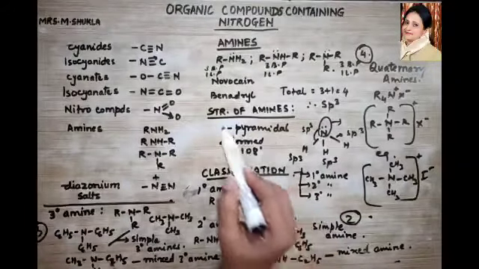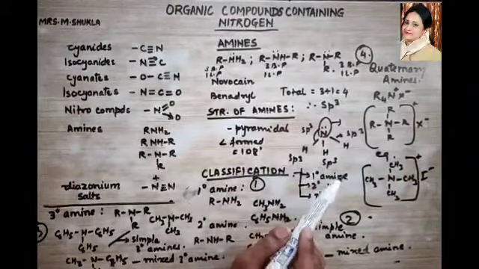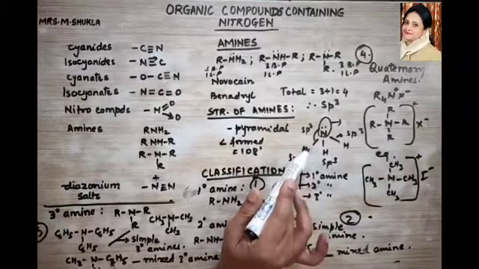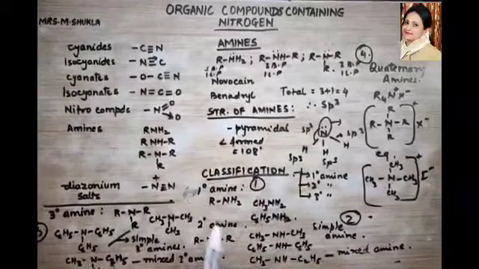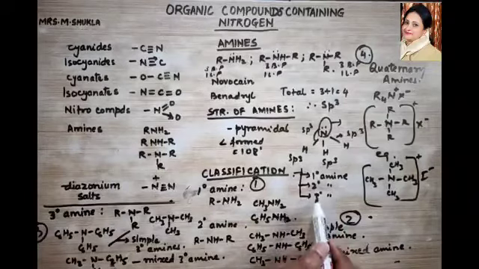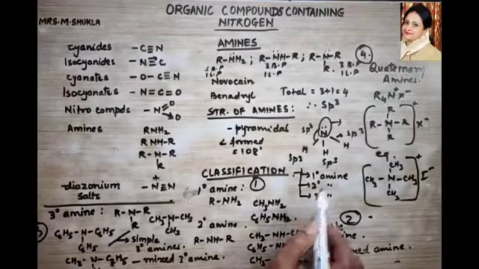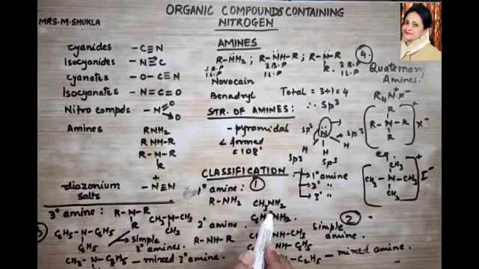What did I tell you? The structure of amines is pyramidal, it forms 108 degrees, and the molecule possesses chirality. Then classification: they are of 4 types: primary, secondary, tertiary, and the fourth one is your quaternary amine. In primary, only 1 hydrogen is removed.